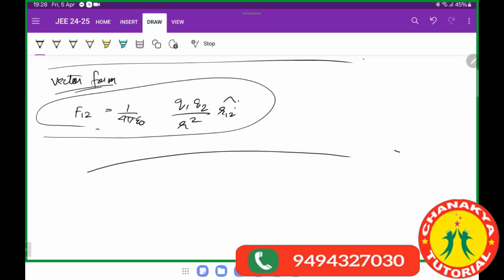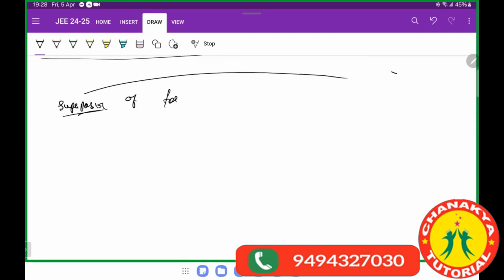But one thing we need to understand is superposition of charges, between multiple charges.